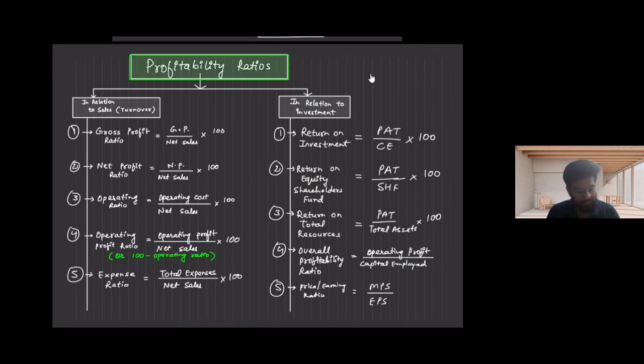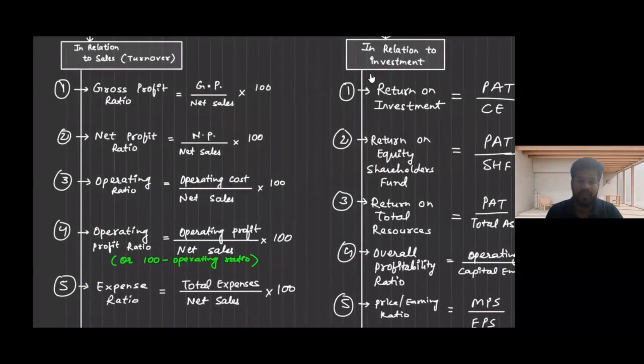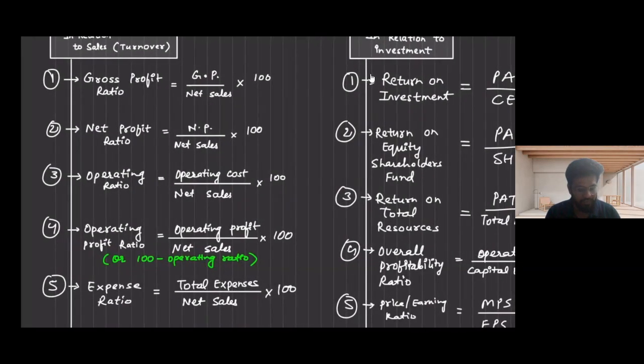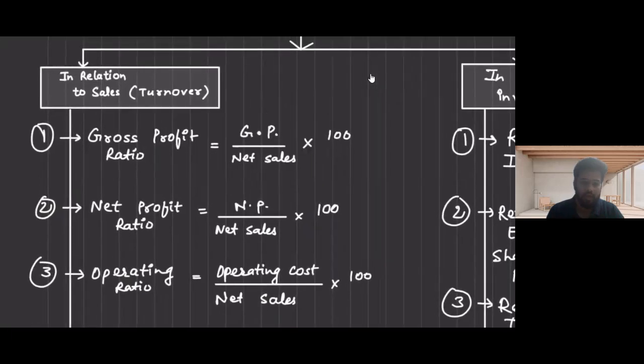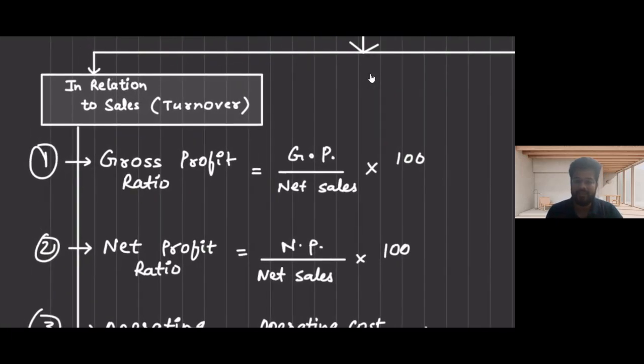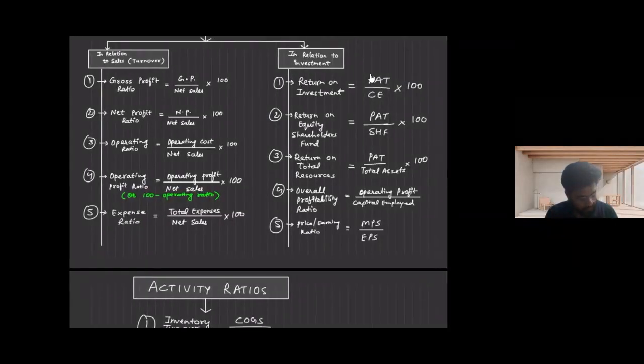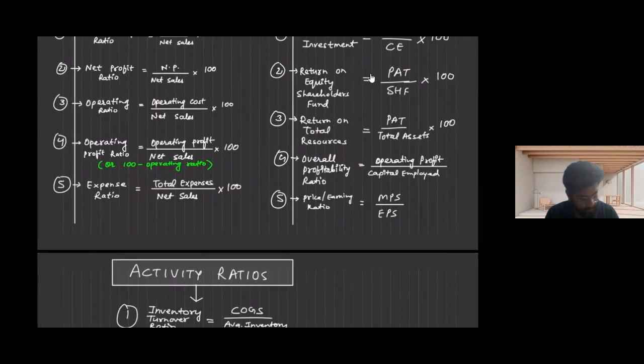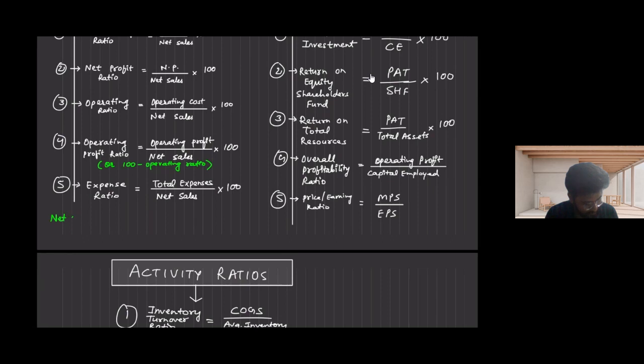Let us talk about the first one, which we have already done. That is the gross profit ratio, which is gross profit divided by the net sales. What do you mean by net sales? Let us write it down at the bottom so that you do not forget later on. Net sales is equal to sales minus sales return.